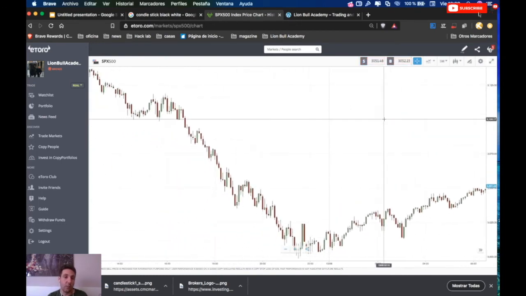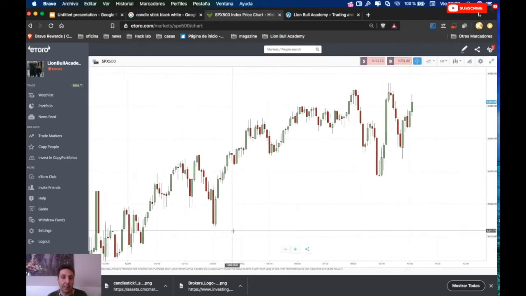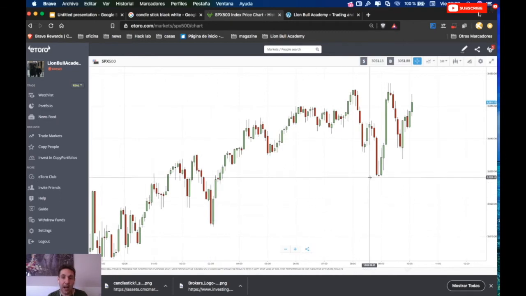It's the opposite. When the lows are lower and the highs are also lower. It's exactly the opposite of here, where you see that the lows are higher and the highs are always higher than the previous high.